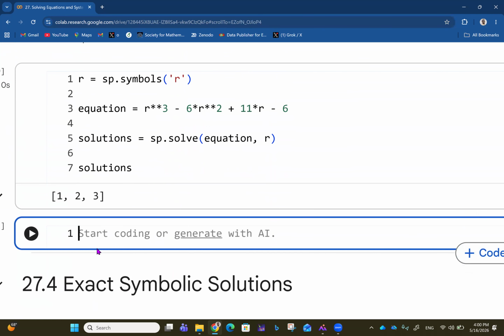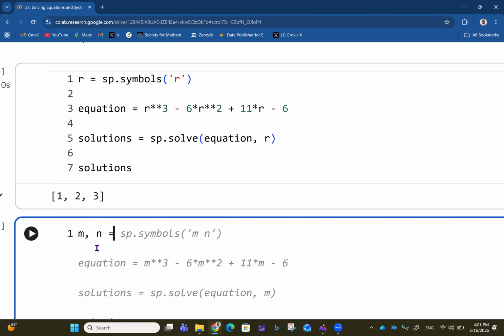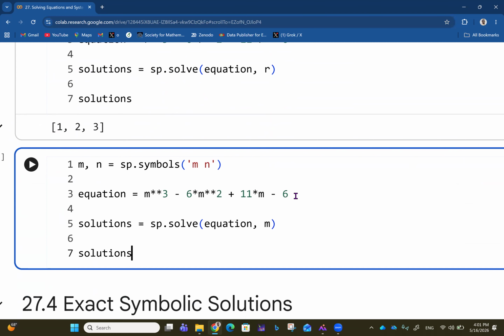Now, before I go again, let me imagine that you want to solve an equation. You declare m as a variable, so m = sp.symbol. In fact, let's say m, n = sp.symbols. Yeah, it has given us all these options. But what I want to do here is this. I have m and n, right?